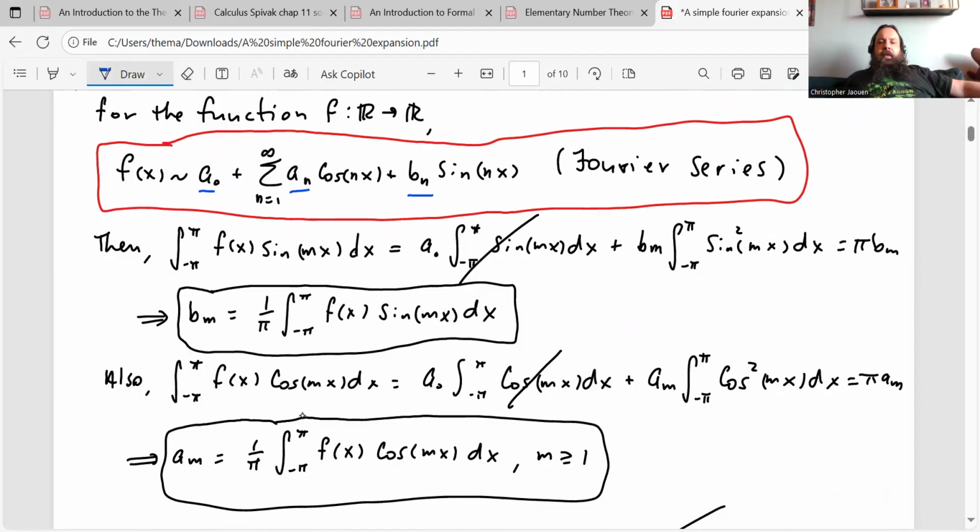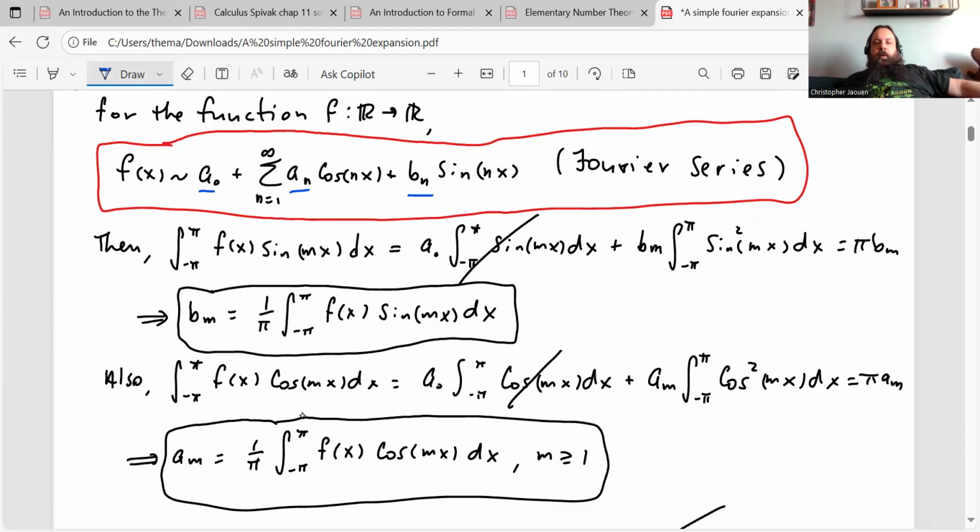And then when you do that, this integral here will be zero because sine mx is an odd function and we're integrating over a symmetric interval. And then all of the integrals of sine mx times sine nx will go to zero over that symmetric interval due to the facts that I showed you up above, except for the one where the coefficient of x is the same.